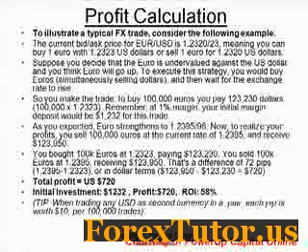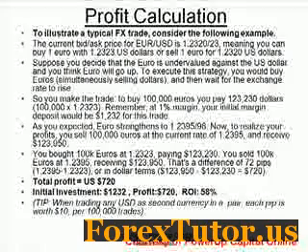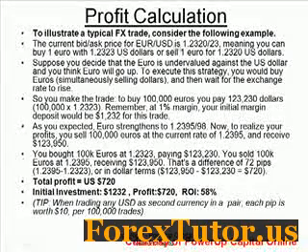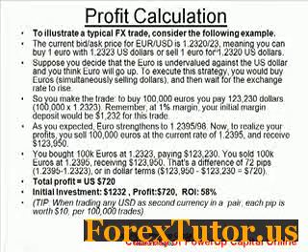So let's look at one profit calculation. Let's say the current price for Euro US is 1.2320 and 1.2323. Now always you will find two quotes. The first quote is called the bid, the second is called the ask.